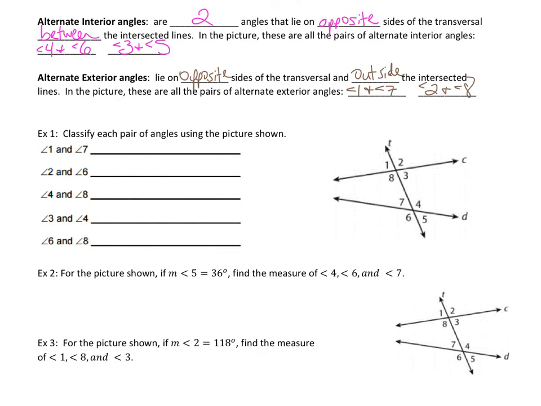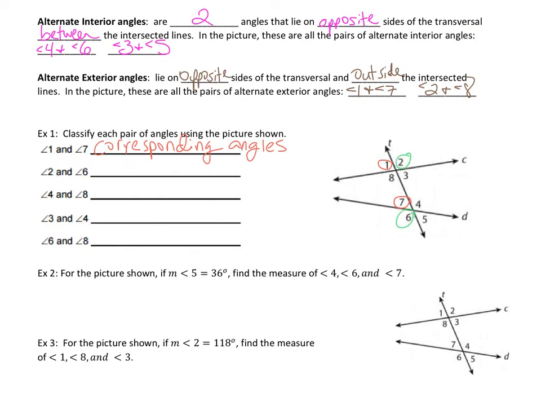Now we're going to get into, if we see the picture, we need to come up with a name that matches those angles together. So my 1 and 7 are right here, and they're in the same location, so that upper left corner. So same location as our corresponding angles. 2 and 6 is right here and here.